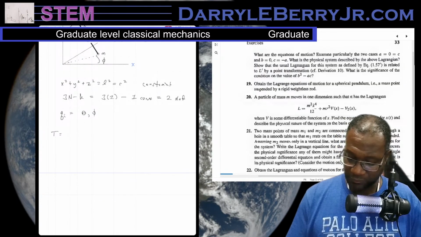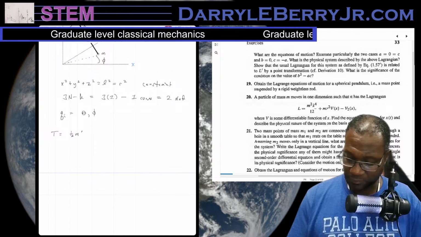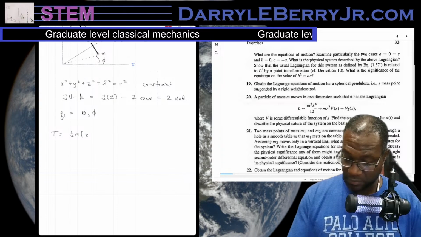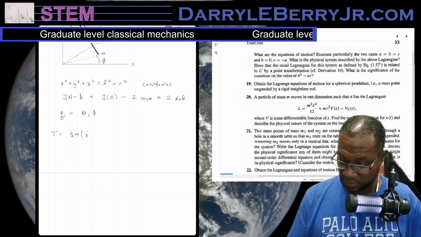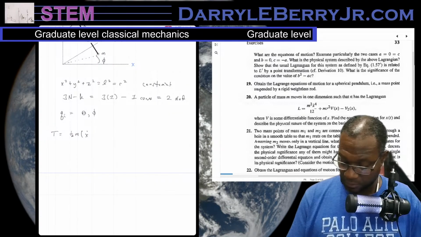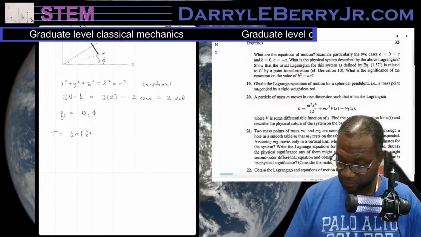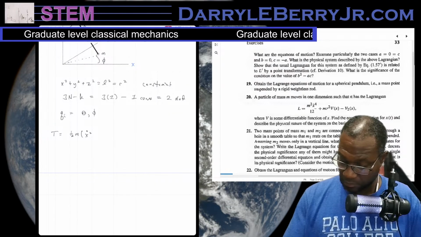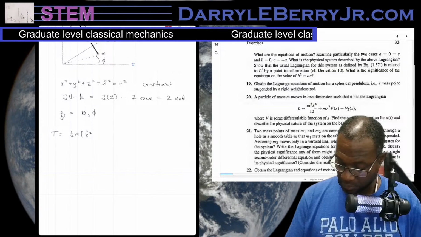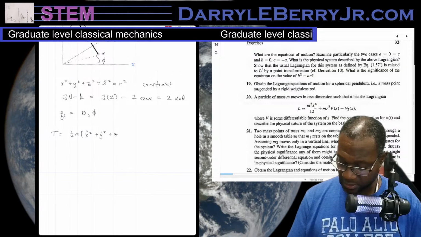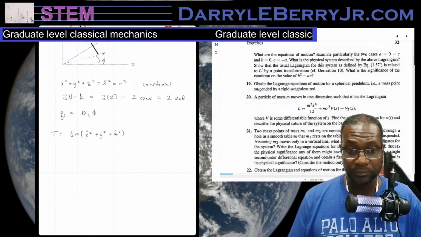So kinetic energy equals 1/2 m times x dot squared plus y dot squared plus z dot squared.